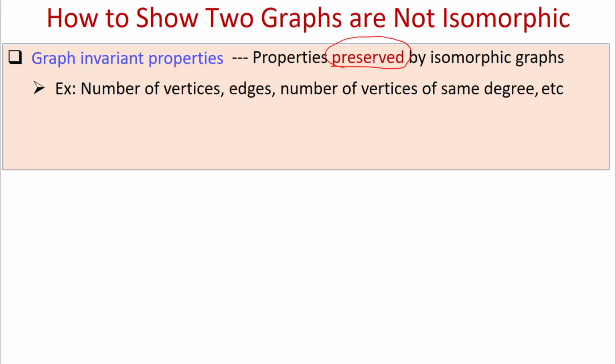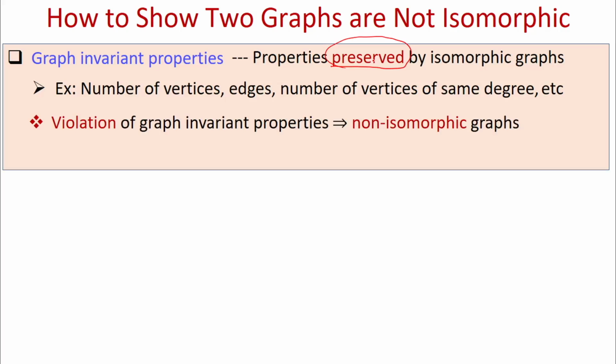Otherwise the two graphs can never be isomorphic, because you would like to associate a vertex of degree 2 in G1 with another vertex of degree 2 in G2 and vice versa. So if any of these graph invariant properties is violated, then you can immediately declare that the two graphs are not isomorphic.